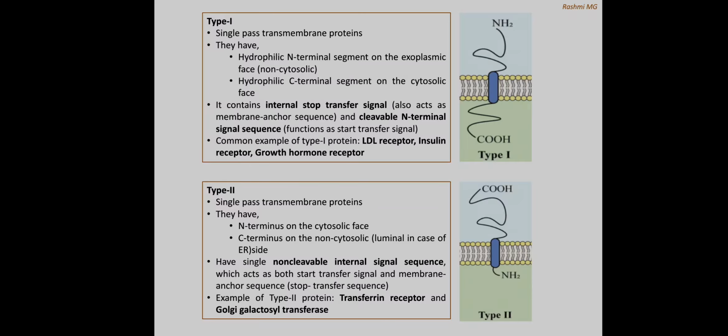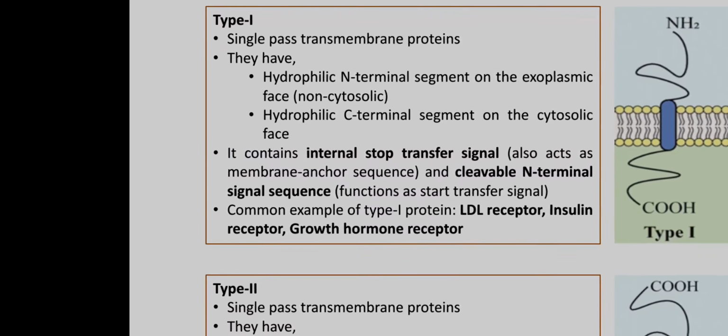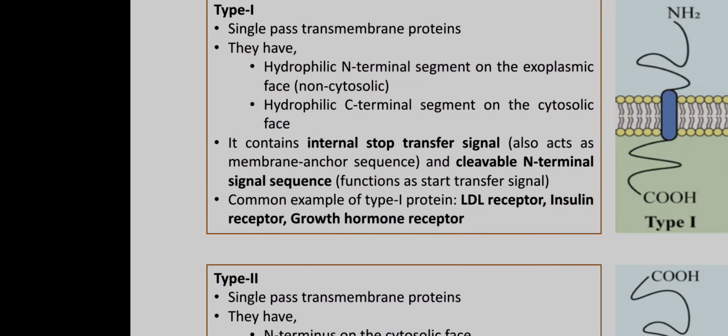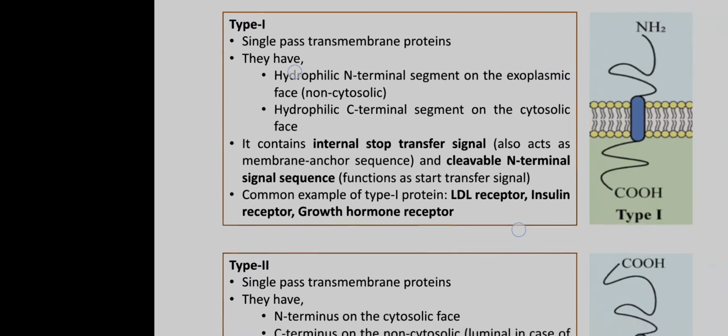To correct one thing here, this has to be hydrophobic. By mistake it was written hydrophilic, but it is hydrophobic. Wherever you see the C terminus, it is hydrophobic and not hydrophilic. Kindly apologize for this mistake.